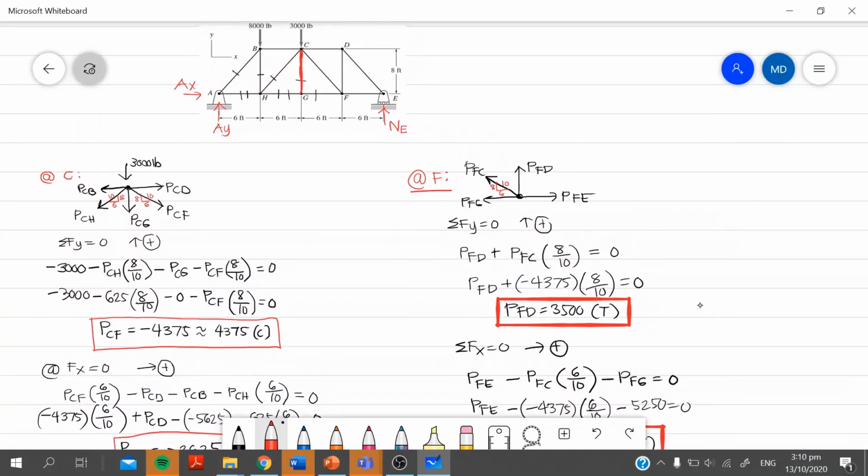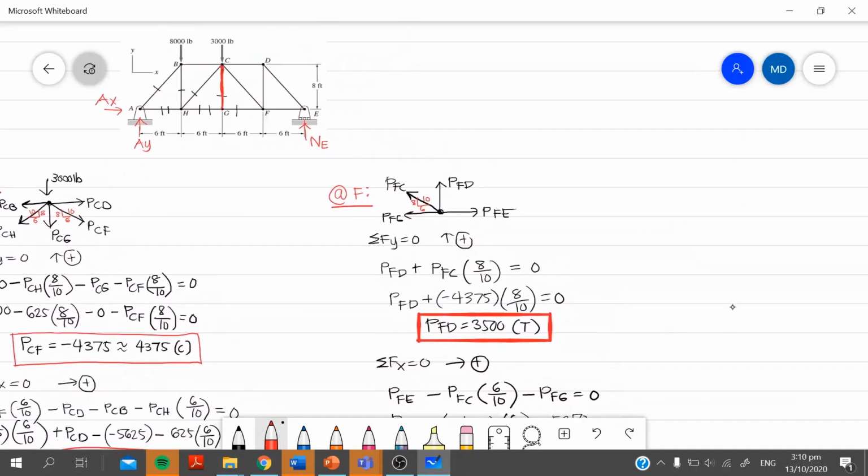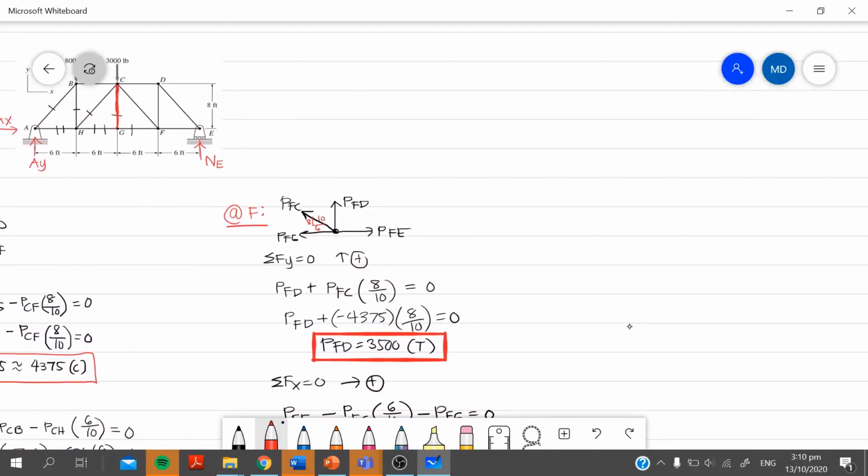So, let's go to joint D. It is the second to the last joint. Okay, again, assume that all forces are tension, away from the joint.